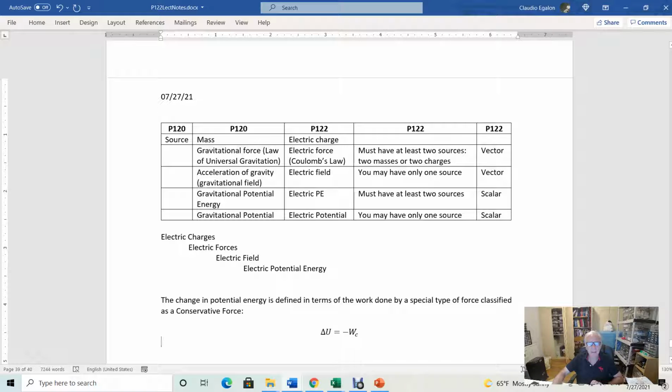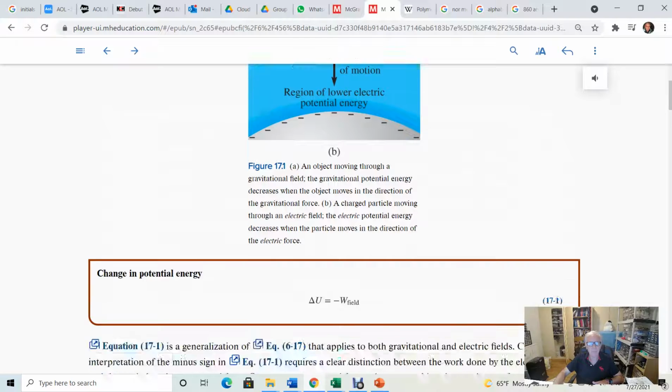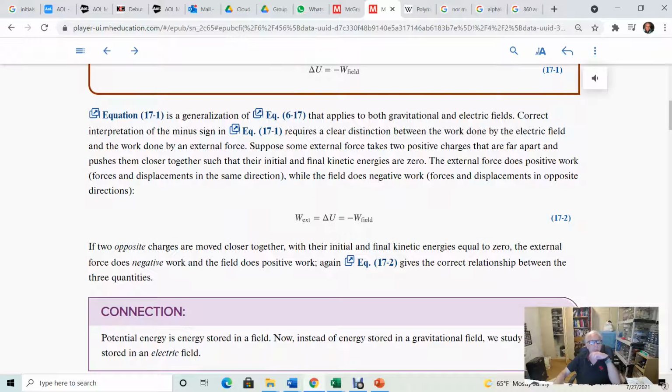Remember I told you that there are very few conservative forces. The book called that the field force. The book used a different notation. We call it the field force, I call it conservative force. Let's write it down here.